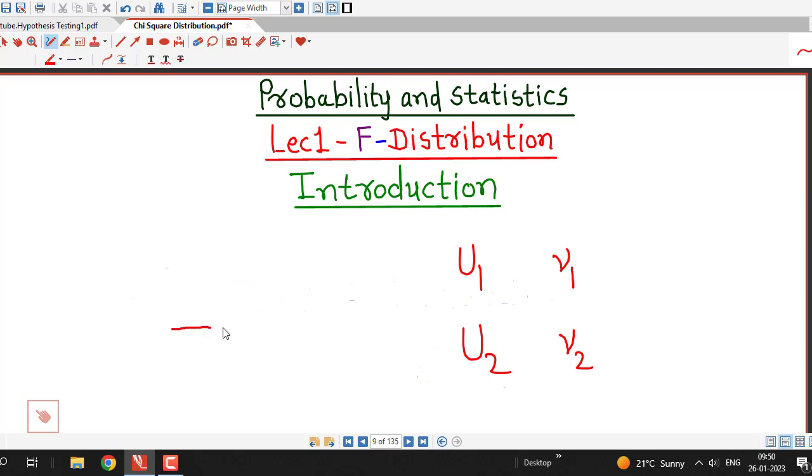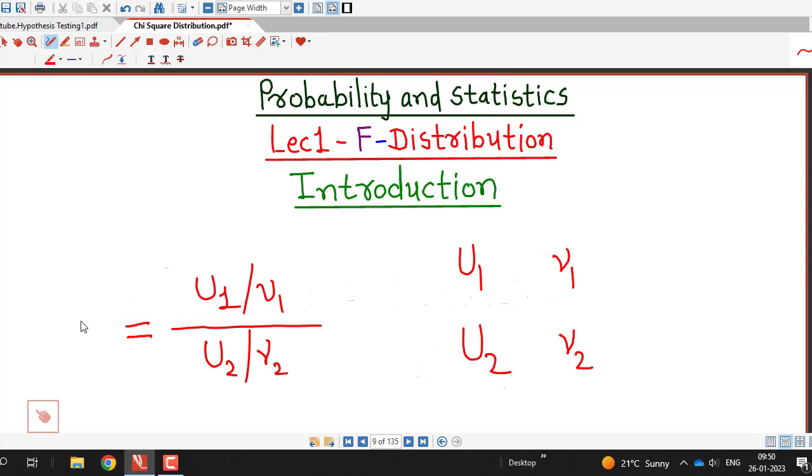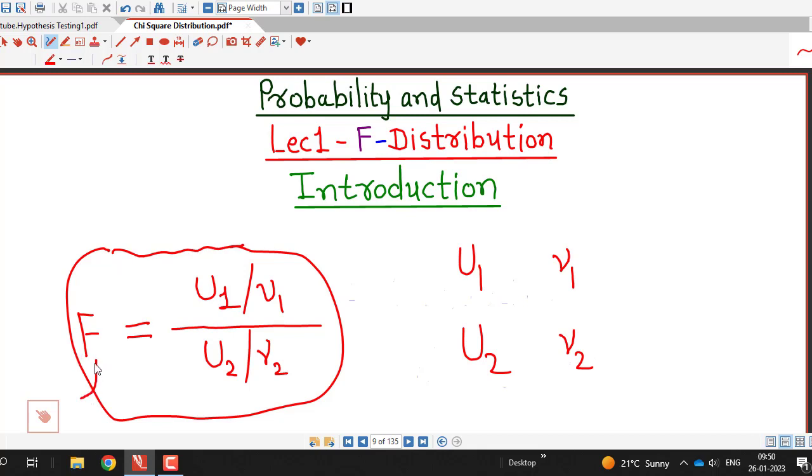If we consider a quotient in which the numerator is the U1 random variable divided by its degrees of freedom and the denominator is the U2 random variable divided by its degrees of freedom, then this quotient becomes a new random variable, and that random variable is called the F random variable. Or we can say that this F random variable follows the F distribution with nu1 degrees of freedom in the numerator and nu2 degrees of freedom in the denominator.